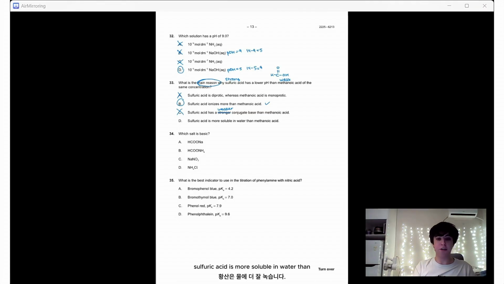D, sulfuric acid is more soluble in water than methanoic acid. What? That doesn't make sense. How does that affect the pH?